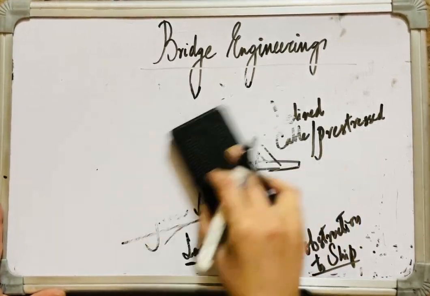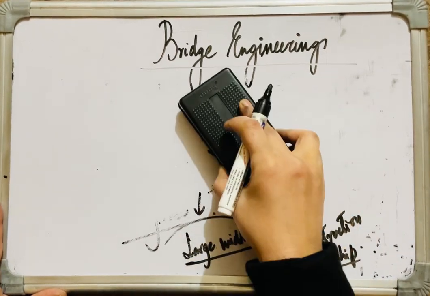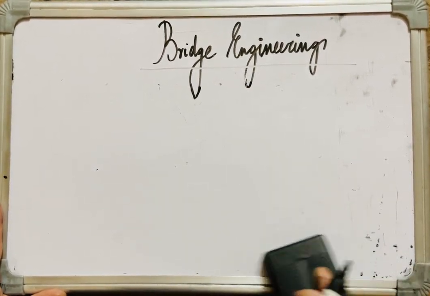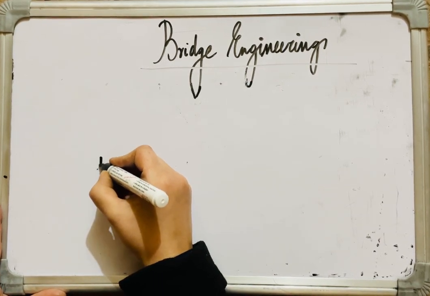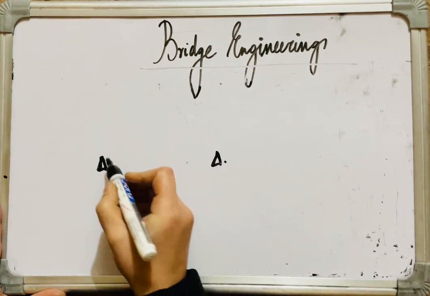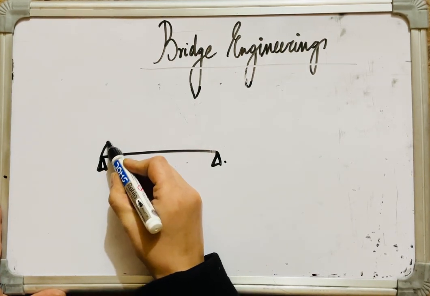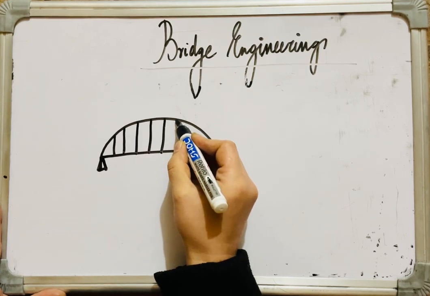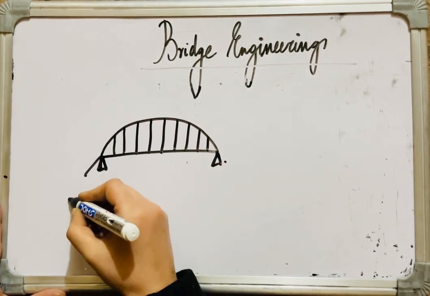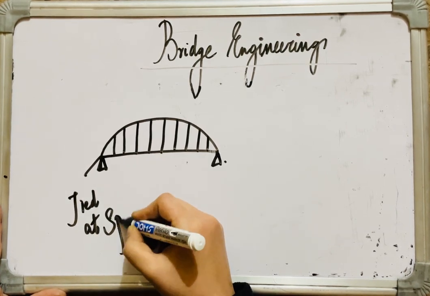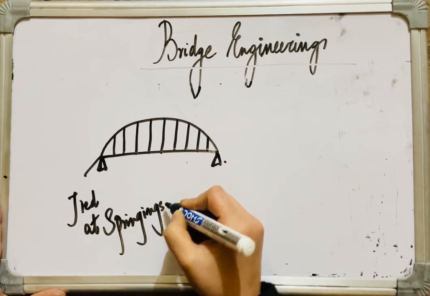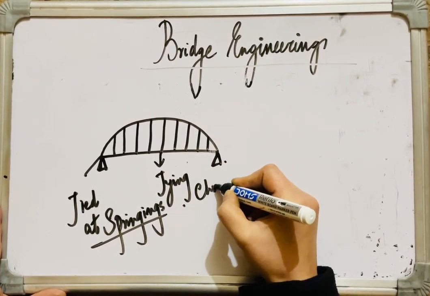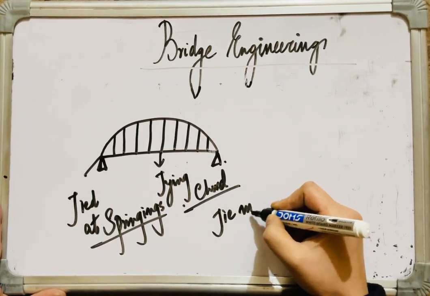And the last basic form of the bridge that we studied today is a tied arch bridge or a bowstring girder bridge, in which the two ends of the arches are tied at the springing levels, which is the starting point of the curve of the arch, by means of a tying chord, which can be the bridge deck structure itself or separate independent tie members or the tying rods.